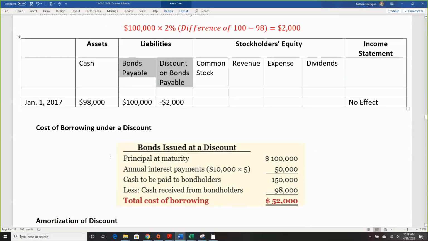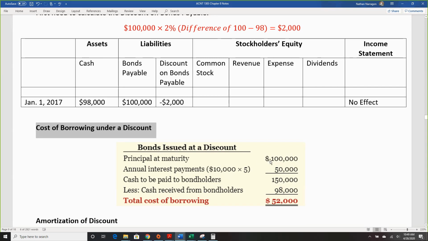Now, your book does show the cost of borrowing under a discount, and you may end up having this happen. You have to calculate this for our homework. All this means is that it's looking at the life of the bond. And so this is the life.